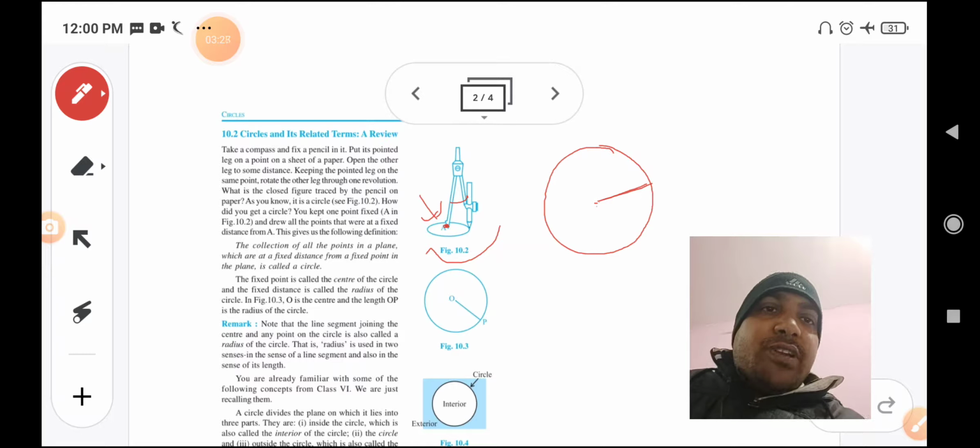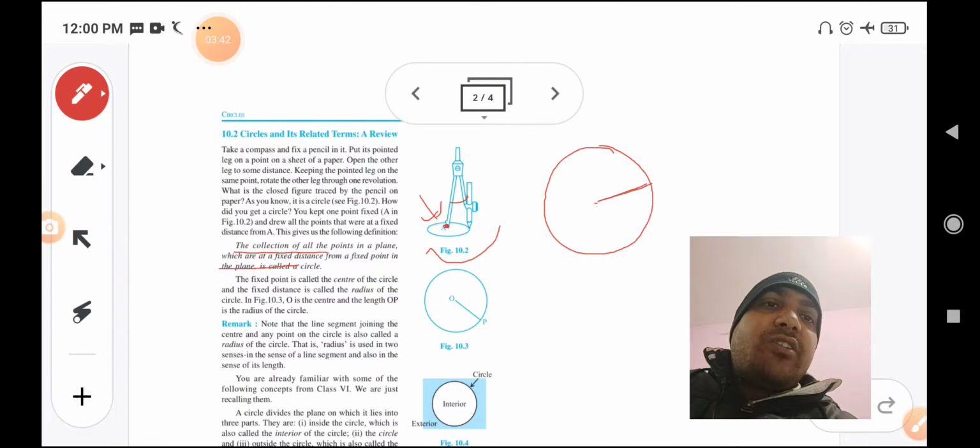What is written here is: the collection of all the points in a plane which are at a fixed distance from a fixed point in the plane is called a circle. So these are the collection of all the points which are at a fixed distance from the fixed point.